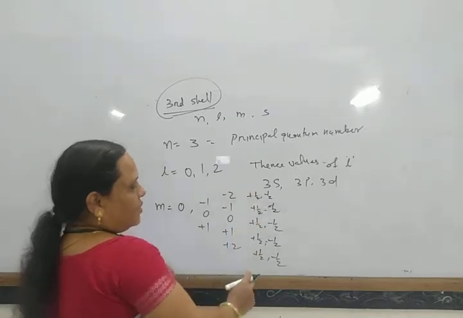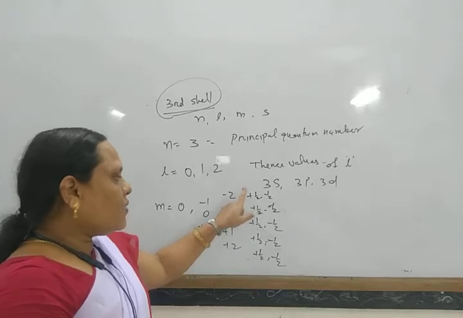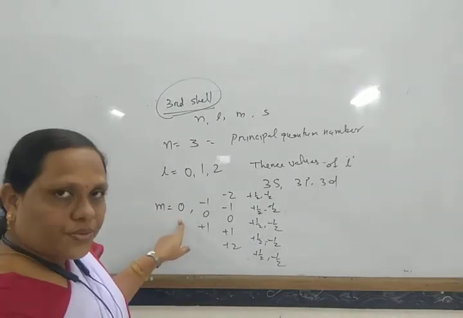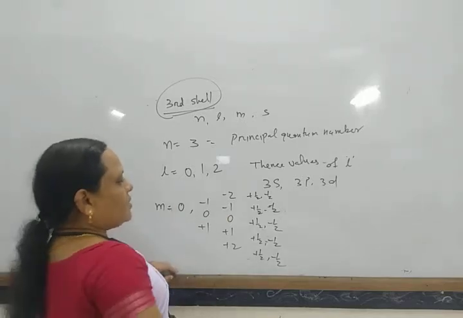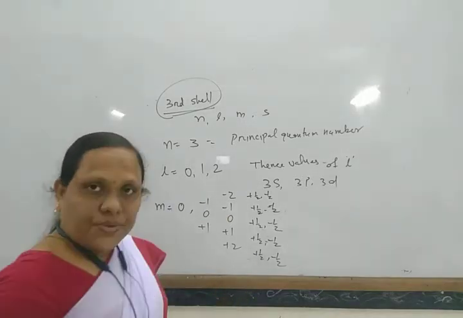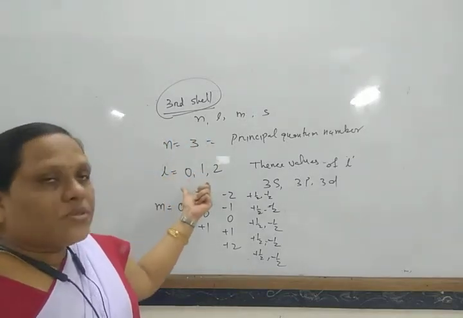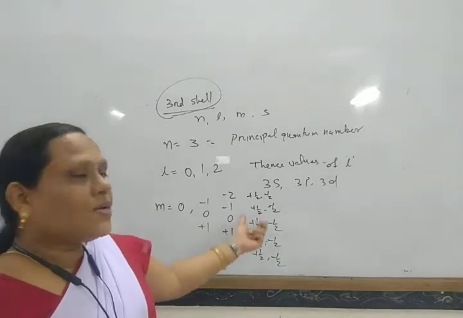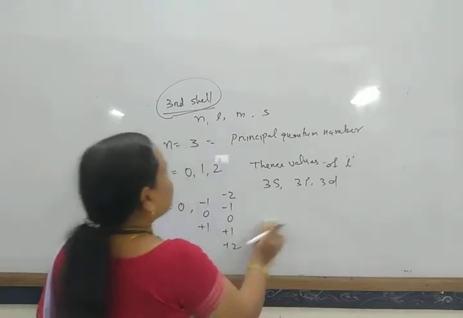So here it contains 10, here it contains 6, and here it contains 2. All total it contains 18 electrons. Okay, so the shell is classified into subshells, which are classified into orbitals. In the orbitals, electrons are present. So what question is given?